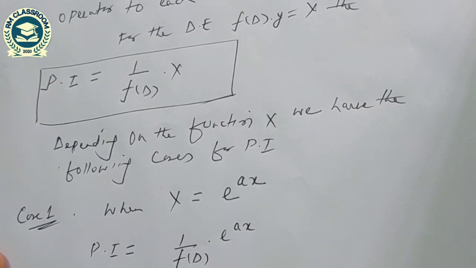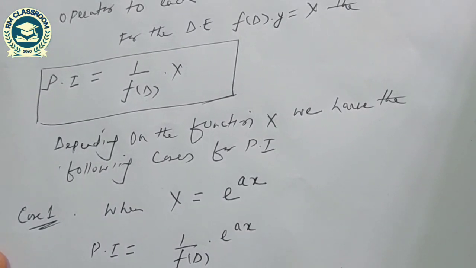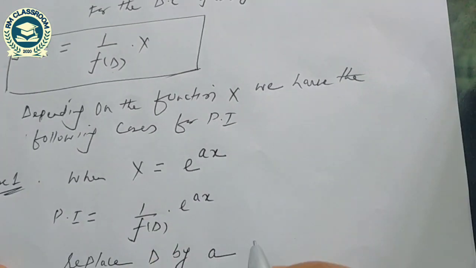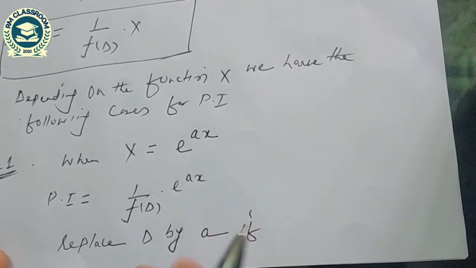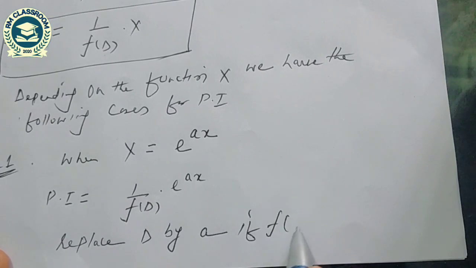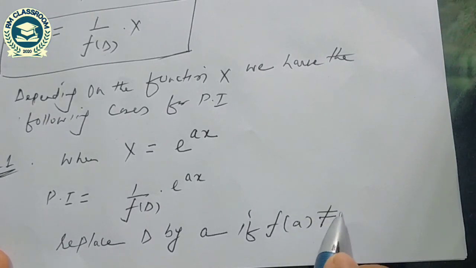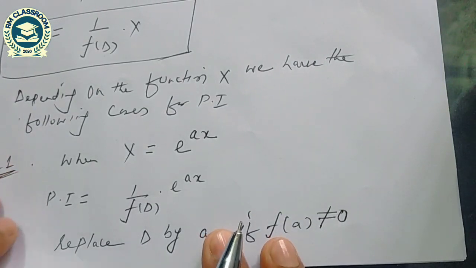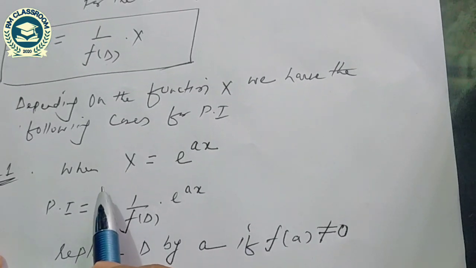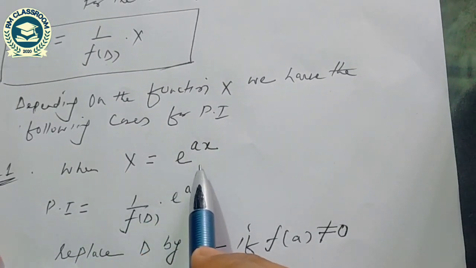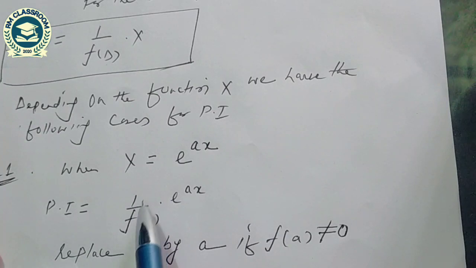Replace capital D by a, if f(a) is not equal to 0. So in this first case, when our function is e to the power ax, the particular integral is 1 by f(D) into e to the power ax, and D is replaced by a, but there is a condition that f(a) should not be equal to 0.